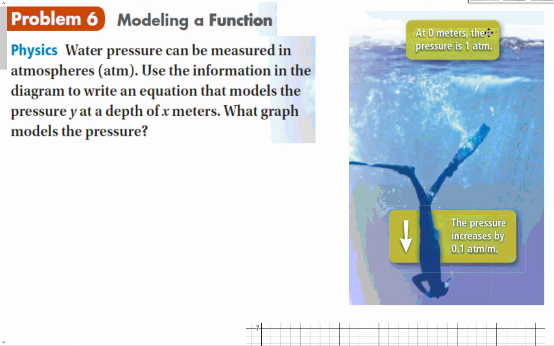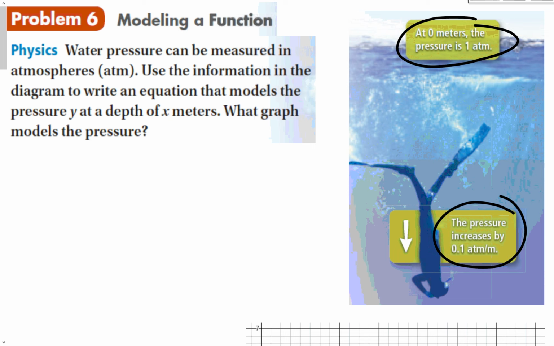Okay, so here are our data points. At 0 meters, the pressure is 1 atmosphere. The pressure increases by 0.1 atmospheres per meter. So first we have to identify the slope and the y-intercept. The slope is my rate of change. What is changing? We get 0.1 ATM per meter.